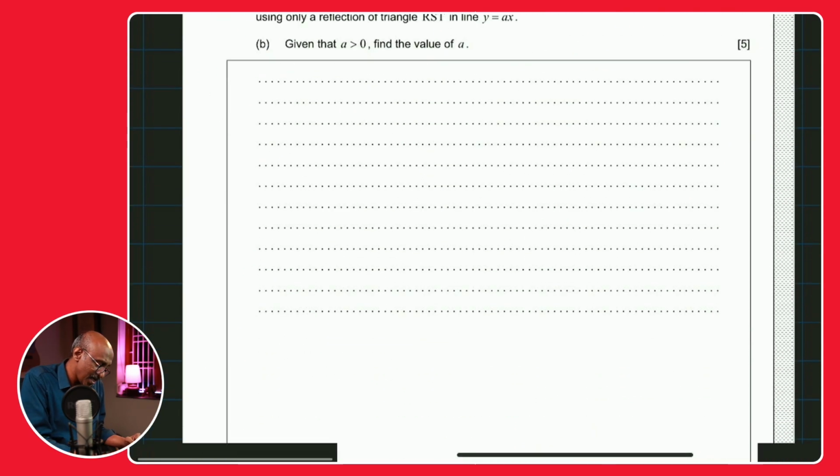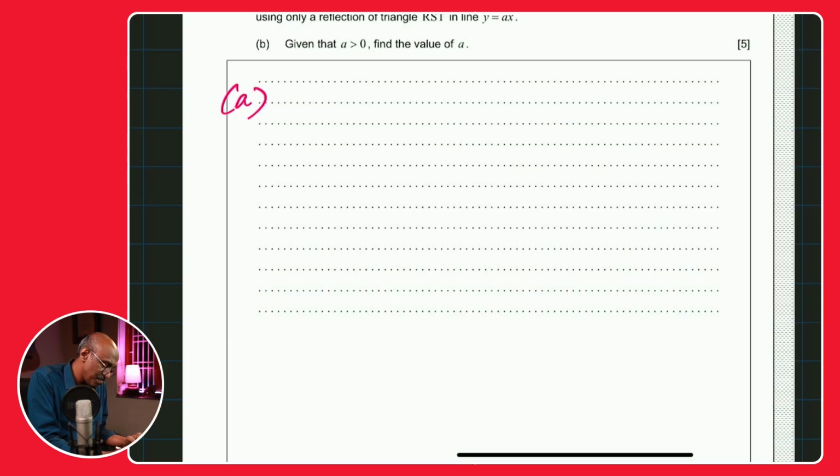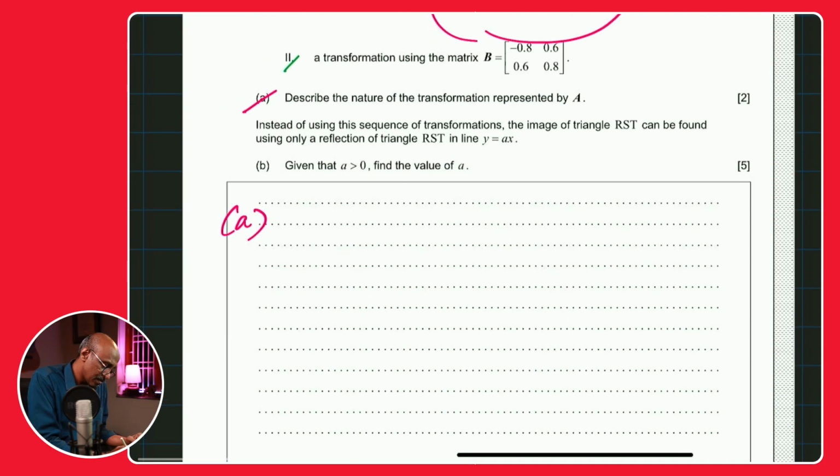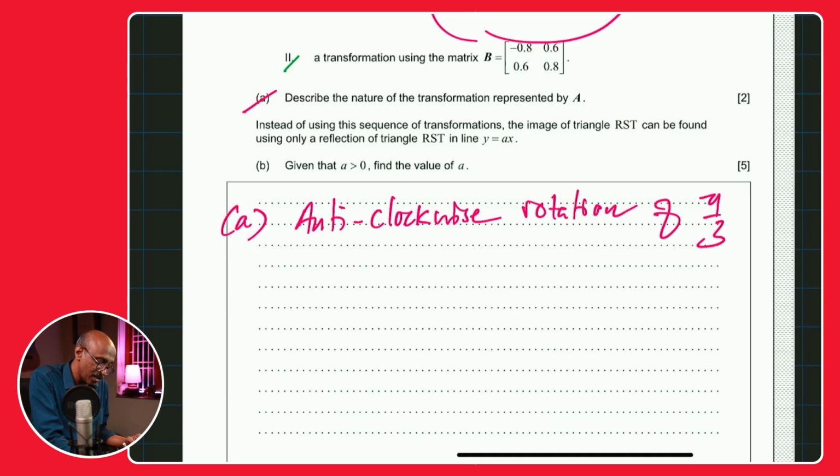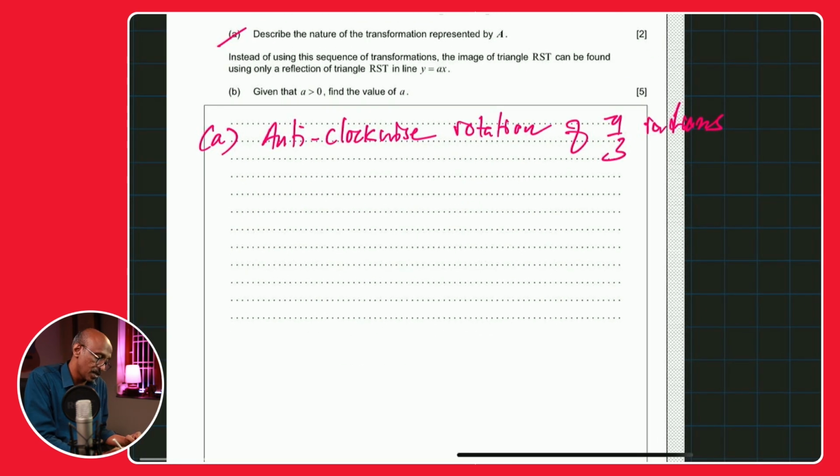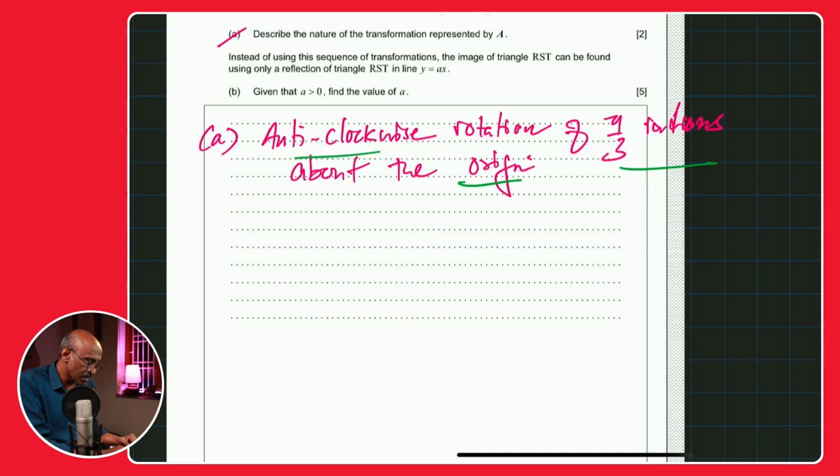So our answer to part A should be: counterclockwise, anti-clockwise, whichever word you are comfortable with, it means the same thing, rotation of pi by 3 radians about the origin. All of those words are important: the center of rotation, the angle, and the direction. That's part A.